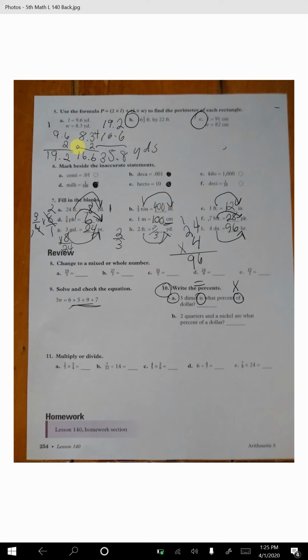So I'll just do A with you, and then you can do B on your own. 3 dimes is what percent of $1? We better convert dimes to cents. 30 cents or 0.30 is what percent of 100 cents?